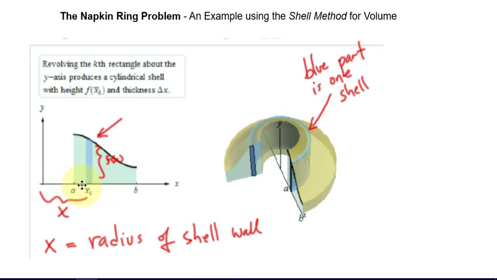So the value of x can take any particular value such as this x bar sub k. That just really is referring to a sample point on this little subinterval, where the height of the rectangle is determined. And it's determined by the function f of x. Right? So this is the curve f of x.